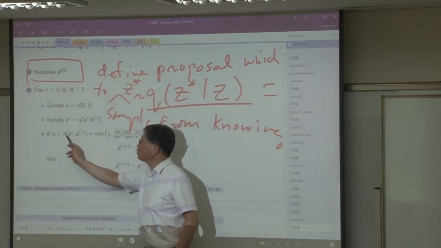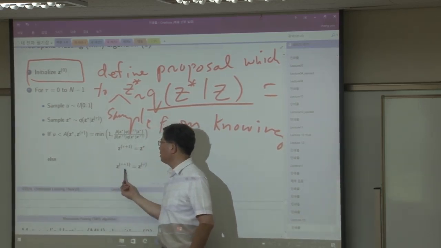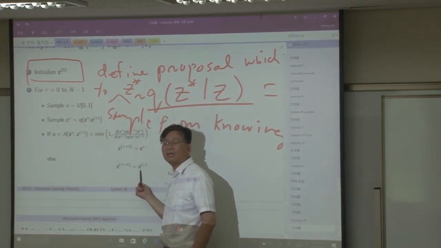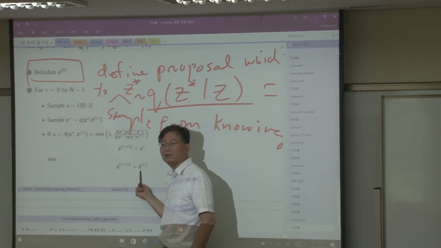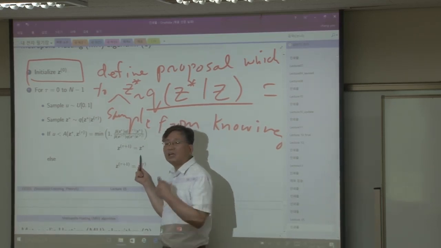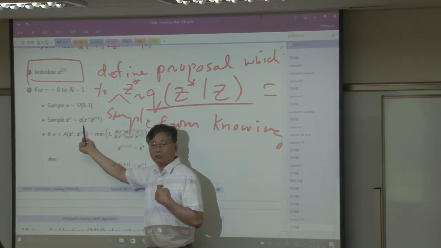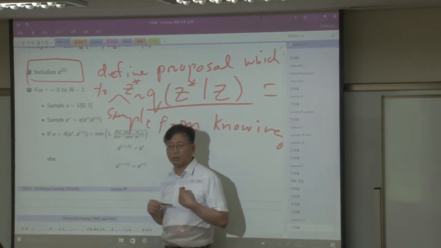If U is greater than that, then my next sample is the sample that I used previously. So instead of using Z star proposed by the proposal distribution, I use the previous one.